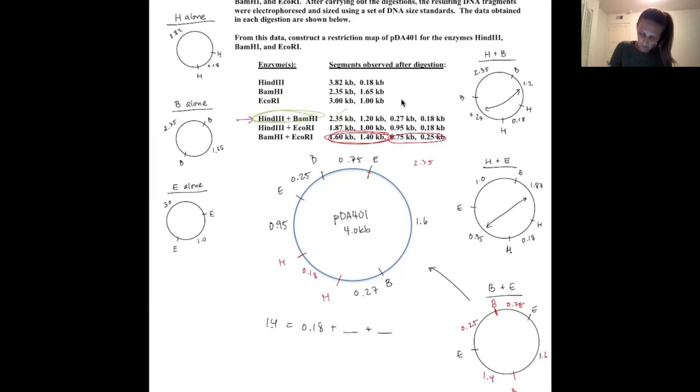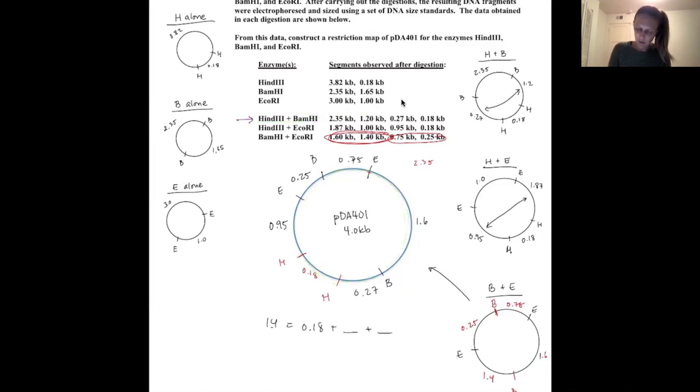So that would be our BAM there. BAM Hindi 0.27, our 0.1, and then this fragment here, 0.95 plus 0.25 should in fact equal our 1.2. So that all looks good.